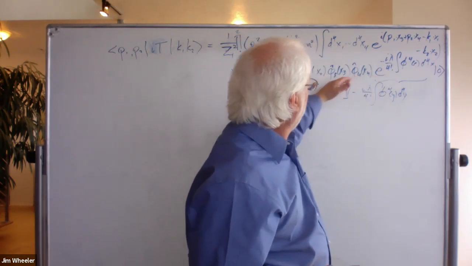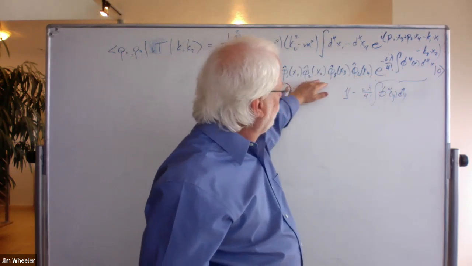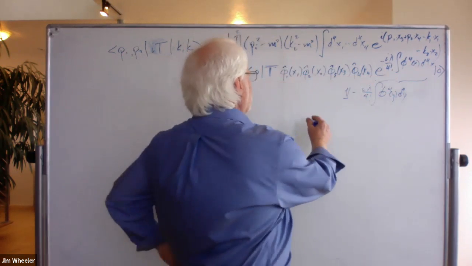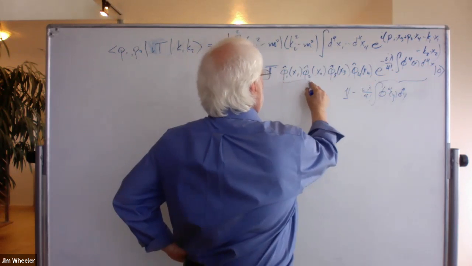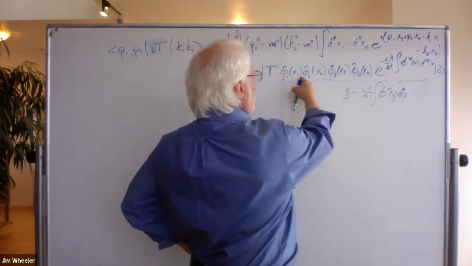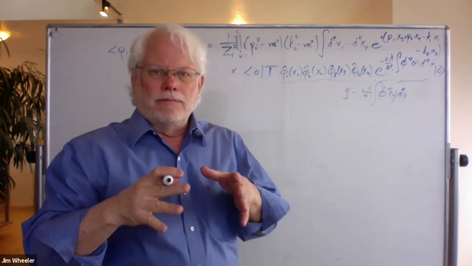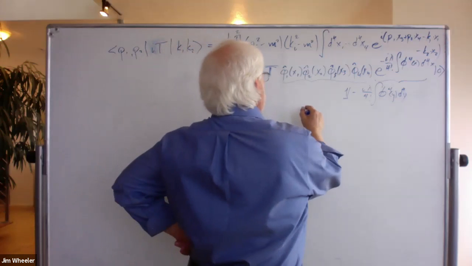And then each product of fields. The 0th order thing we did last time, we rewrote this as normal ordered stuff plus propagators.